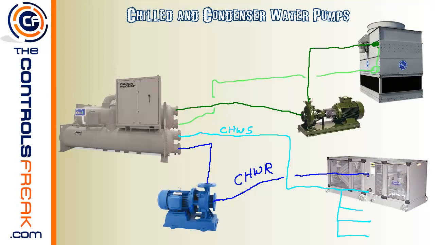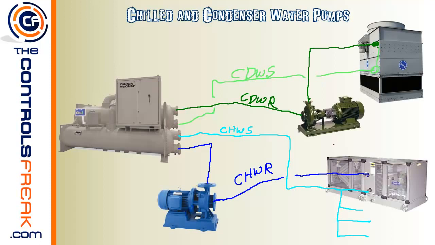Now we've actually completed the condenser water, so I'm going to label these as well. We're going to have condenser water return, and then we're going to have condenser water, writing too fast here, condenser water supply.